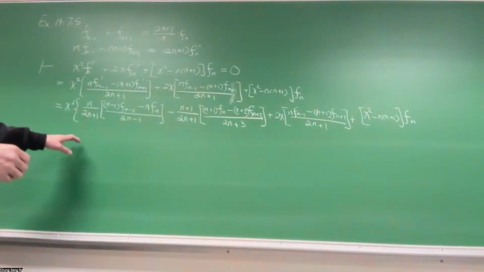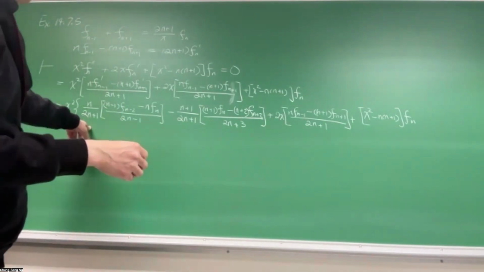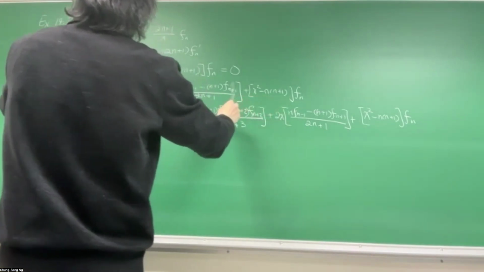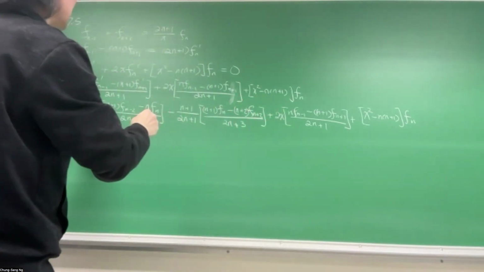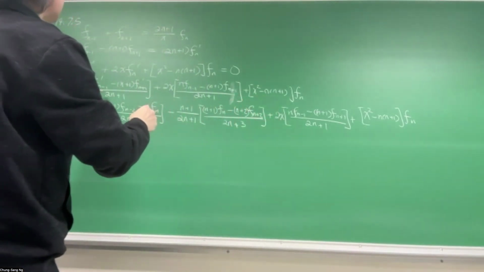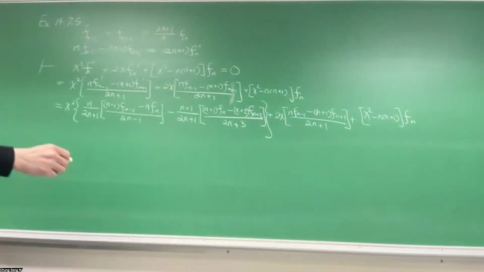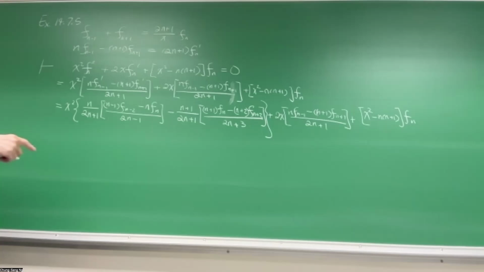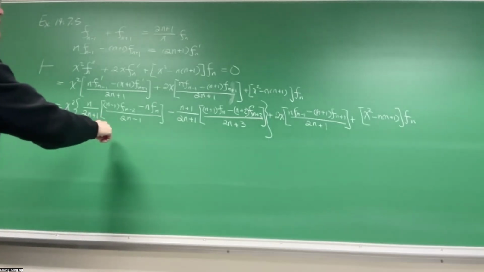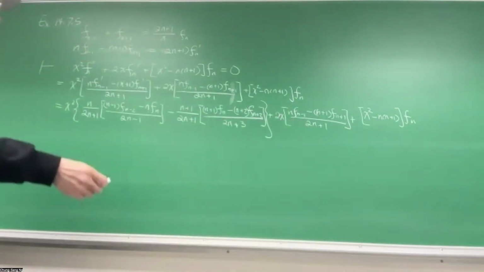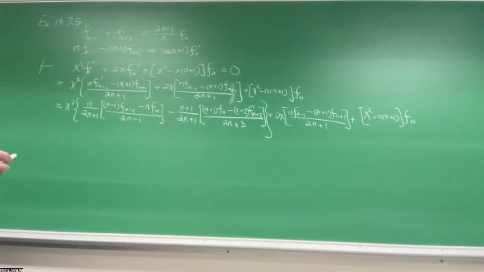To simplify, I think of the first three terms. Did I get the bracket right? The bracket is x squared, it's up to here only, right? All three terms have 2n plus 1, right?